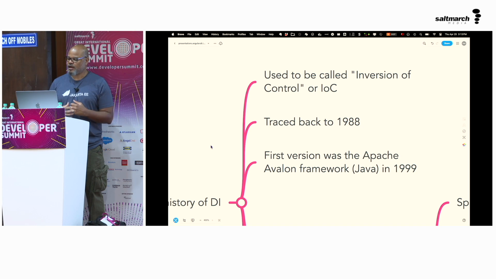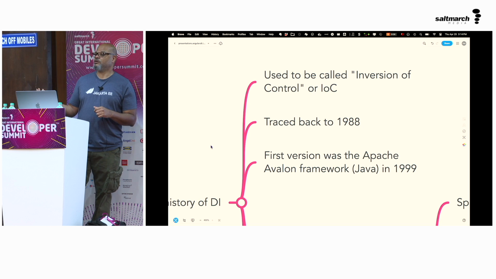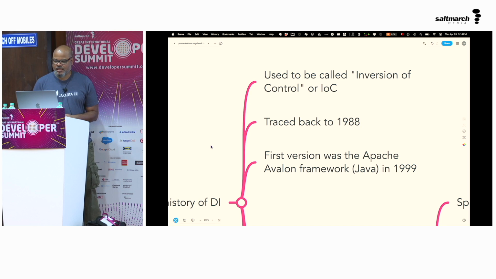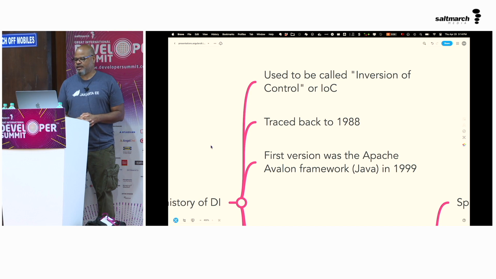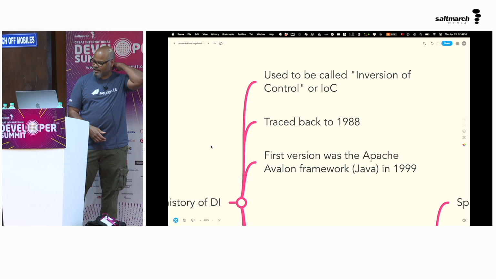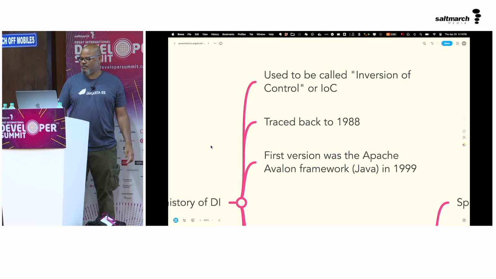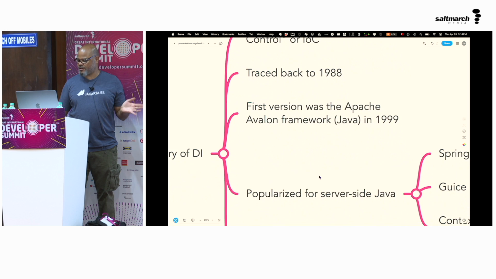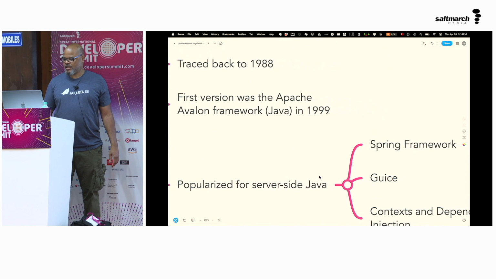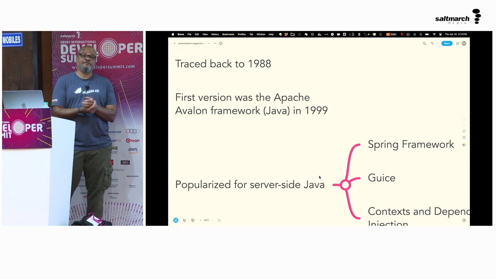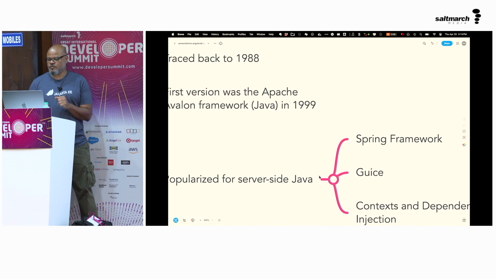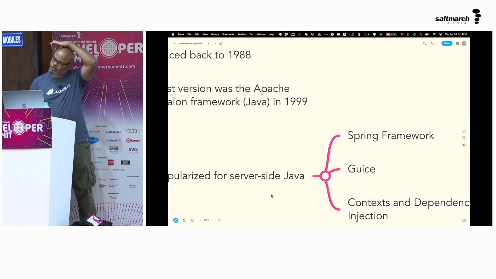I didn't put the person's name in here, but someone did a PhD thesis on it around 1998. Apparently, Martin Fowler, who's well known for software architecture, tracked down the beginnings of it. The first version was in the Apache Avalon framework, which was in Java back in 1999. But it took off in the early 2000s, and a lot of it happened in the server-side Java space. There were two early dependency injection frameworks.